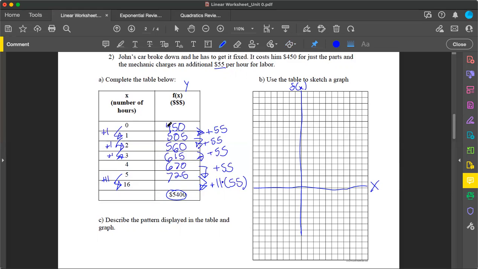So where do we want to start? We know that no matter what, we're paying $450 for just the parts. It's kind of an odd number to have to work with and start with, but because it's not divisible by 55, maybe you could go with the fact that it's divisible by 9, so that you could say that, what is it, 945 divided by 9, where does that take you?